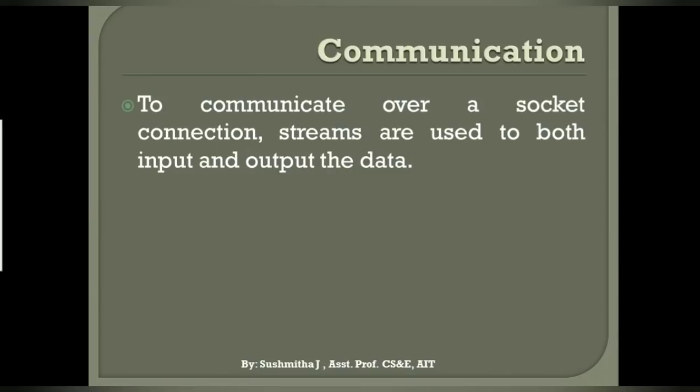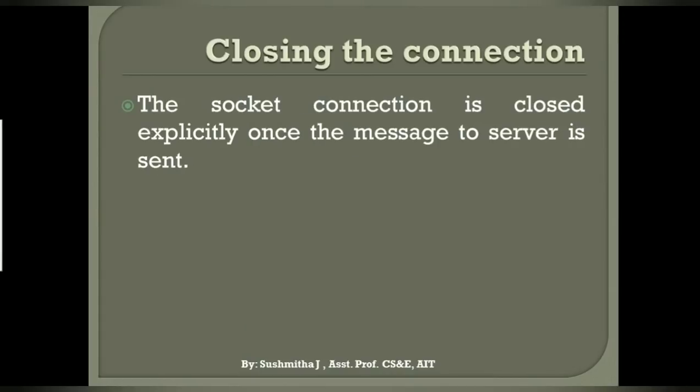What the input stream and output stream are, and what the API is, you will see further. As I told you, once you have completed the communication between the client and the server, you will explicitly terminate the socket connection.